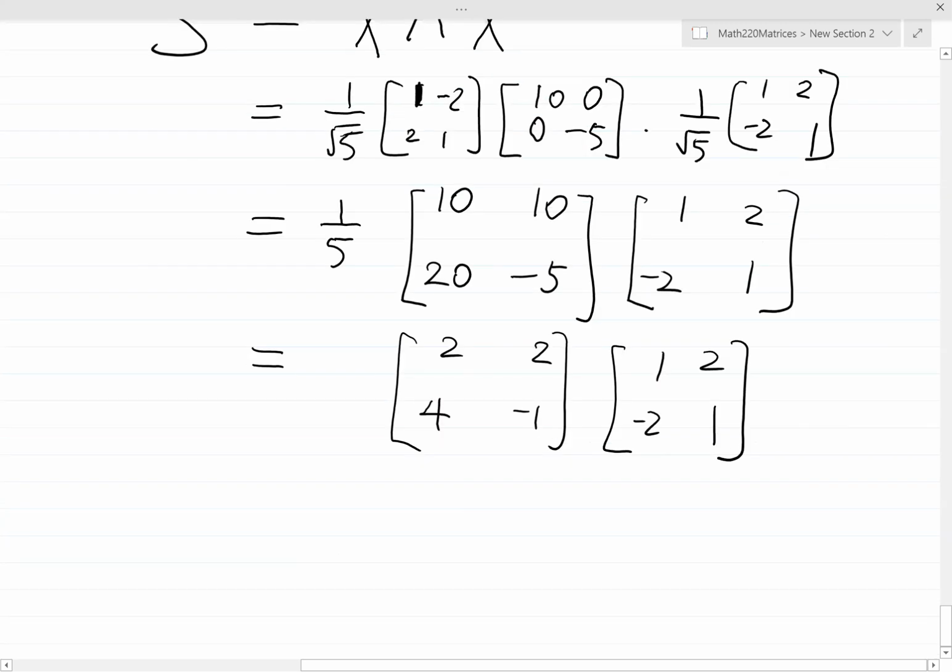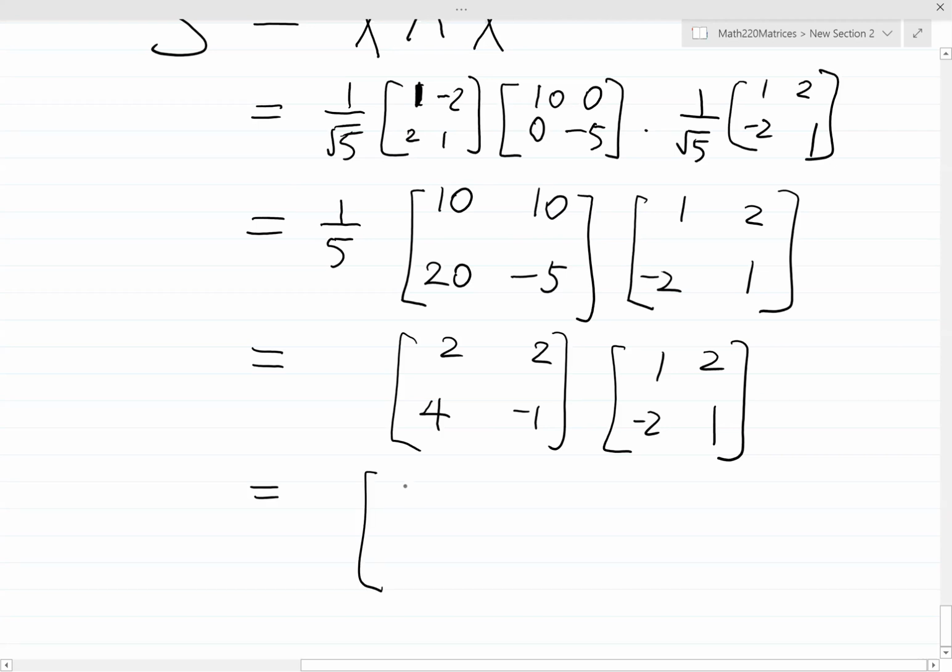Now the first row times the first column.